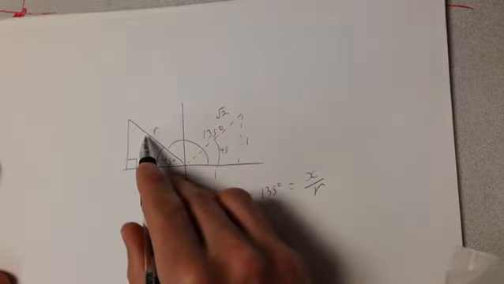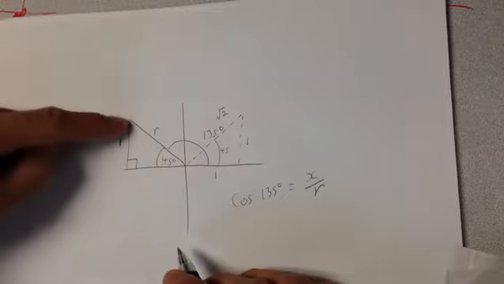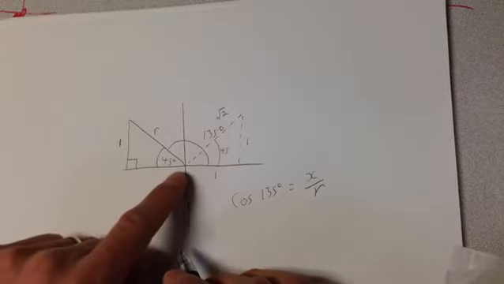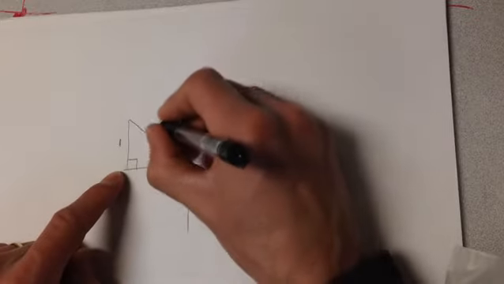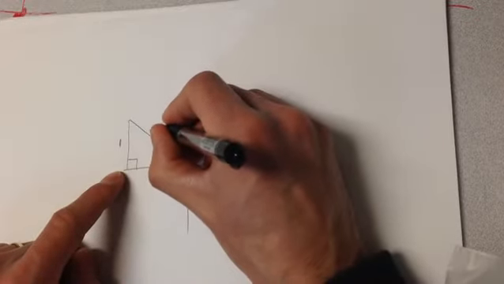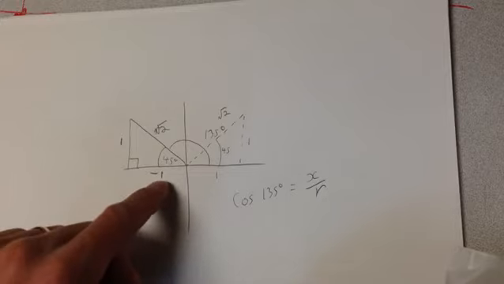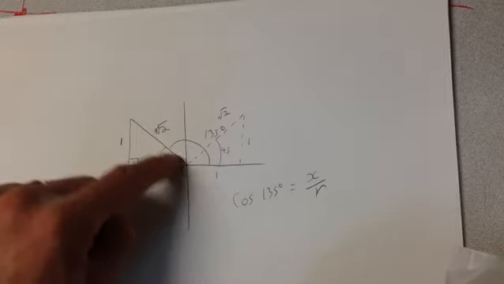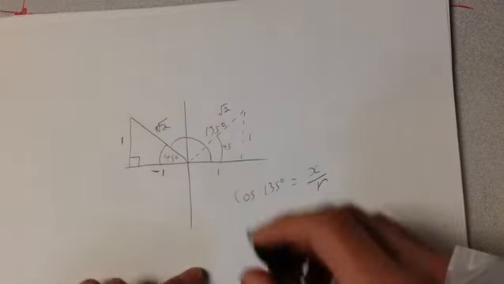But since we're over here, our height is still a positive 1 because we are above the x-axis, but our distance over is actually a negative 1. And our r value is root 2. So this is still our special triangle with a side length of 1, another side length of 1, and a hypotenuse of root 2. But the x value is negative 1.